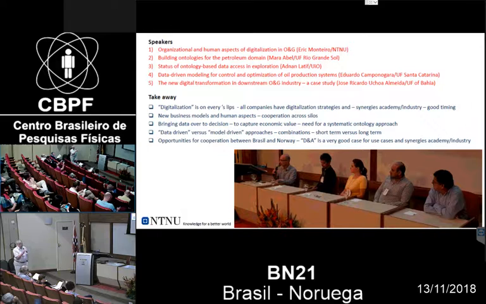Bringing data to decision, the exponential flow of data, huge amount of data coming in. And all companies say that we have to do something with this data. We do it from the academics too. To capture the economic value, data has no value unless you use it in decisions.